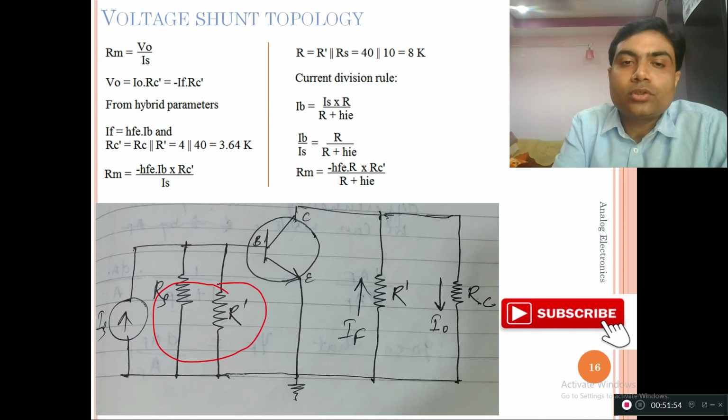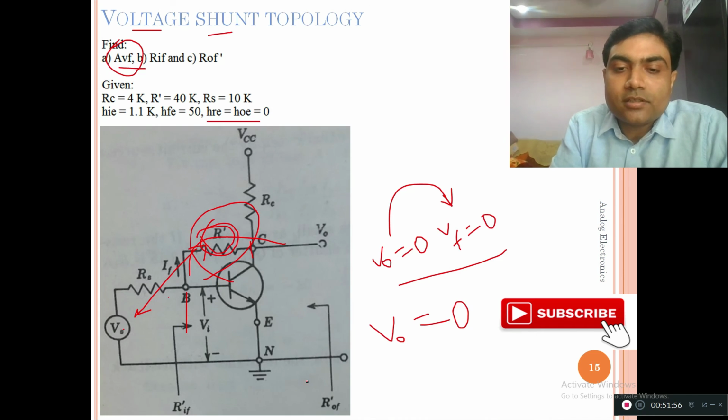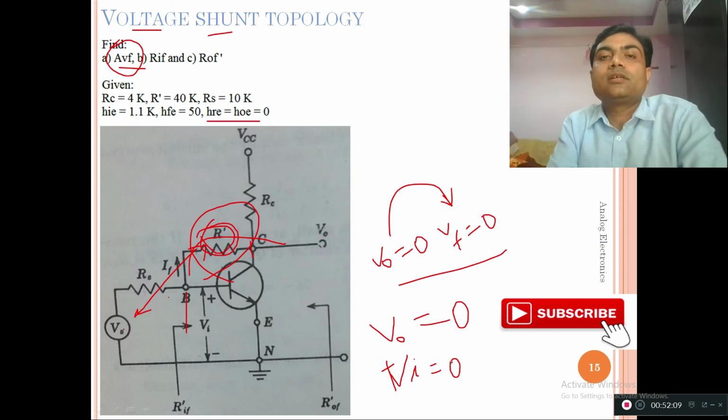Okay, and what about the output circuitry? Since it is shunt mixing, I have to make VI equal to 0. So I have to again short the input node, since it is shunt mixing.